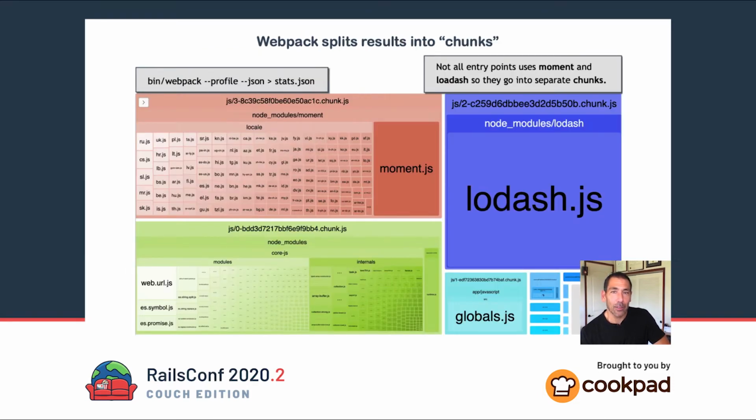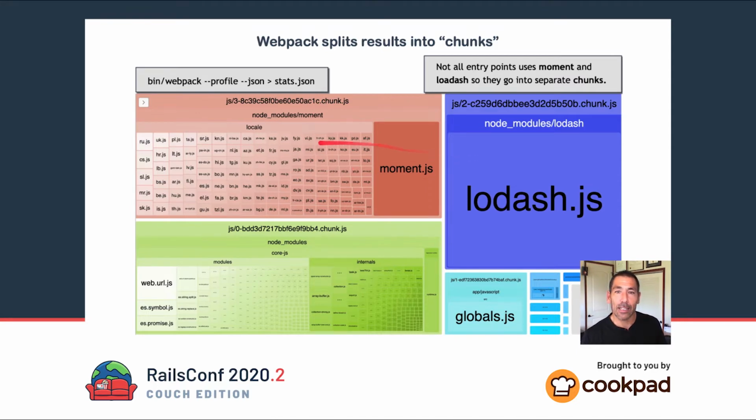Also, if you were to take a look at those different chunks, you could see what's in those. In the example that I've given you, which you can download off of the GitHub site, I wanted to show split chunks working. So I have one page that has Moment.js and another page that has both Lodash and Moment.js and another page that has neither of those.